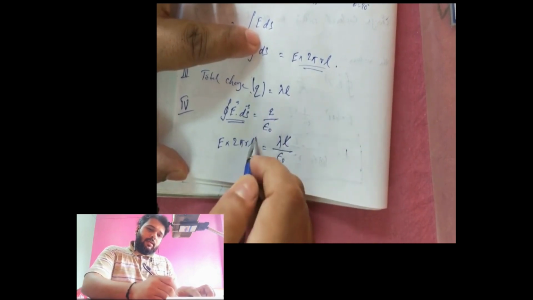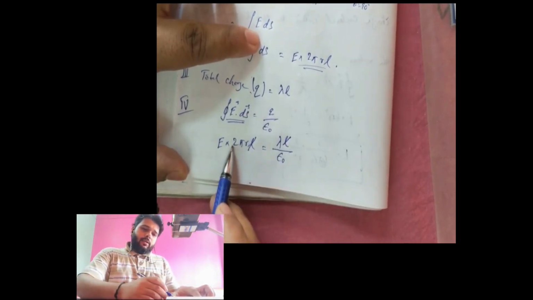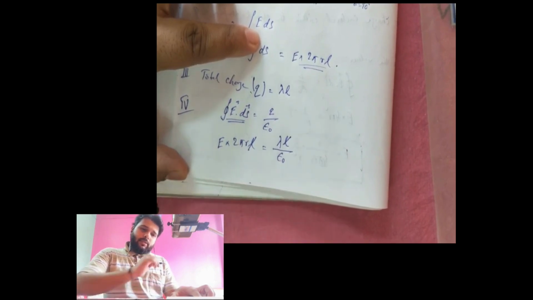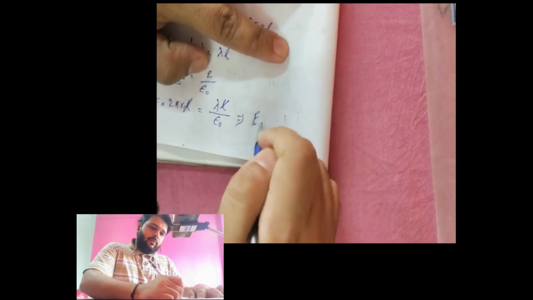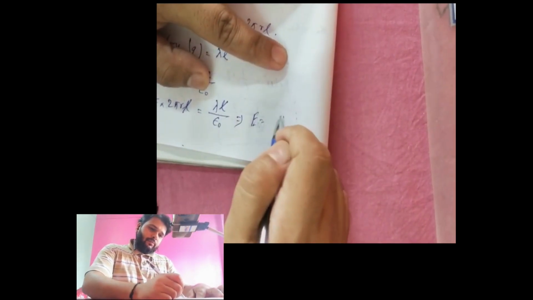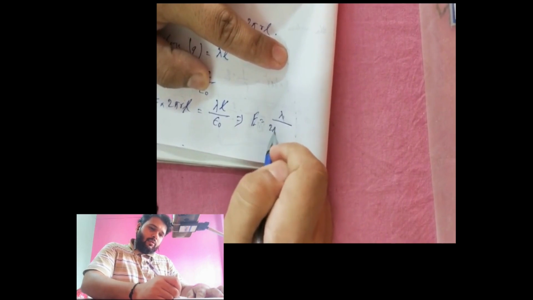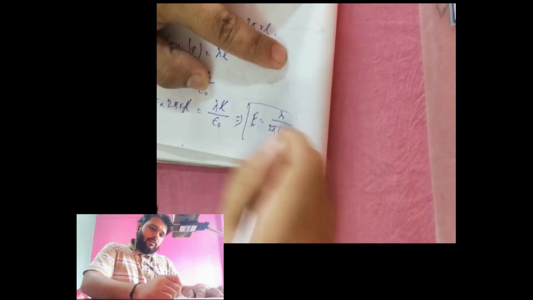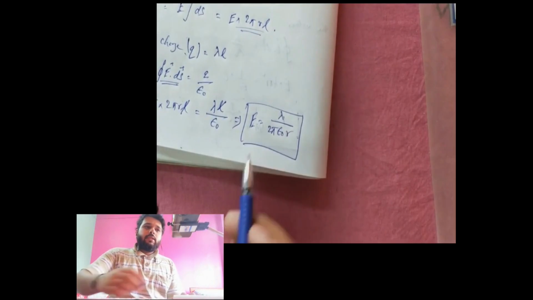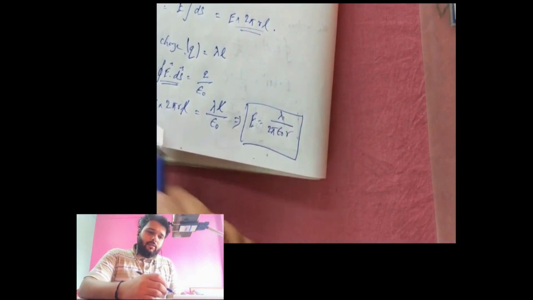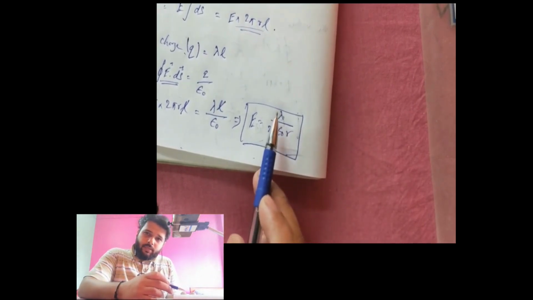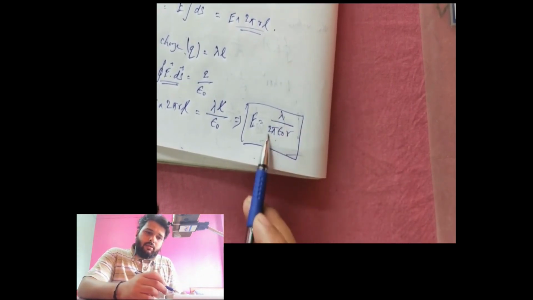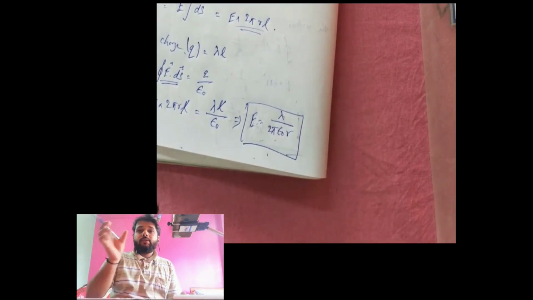Now this L and this L will get cancelled, and we send 2 pi R to this side. So E will be equal to lambda by 2 pi epsilon naught R. This is the electric field due to the line charge, where lambda is charge per unit length, 2 pi epsilon naught is constant, and small r is what? The radius of the cylinder.